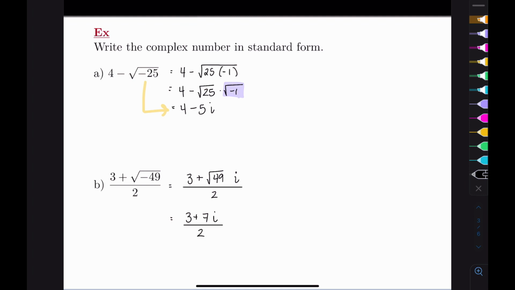Now, technically, this is not fully in standard form because I don't have the separation between the real part and the imaginary part. To put this fully in standard form, just take each piece and divide it by 2. Now you can immediately pick off that the real part is 3/2. Don't know why I have that extra minus there. And then the imaginary part is 7/2 times i.